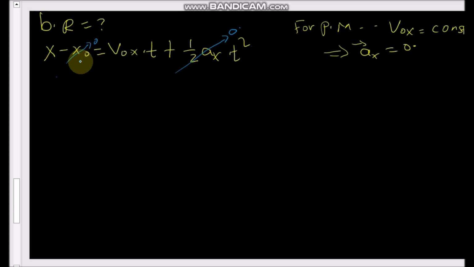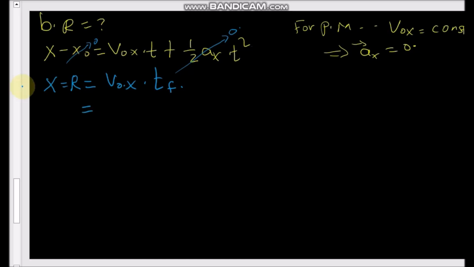What's left? The x, which is equal to the range, is equal to v naught across the x times the total time of flight.